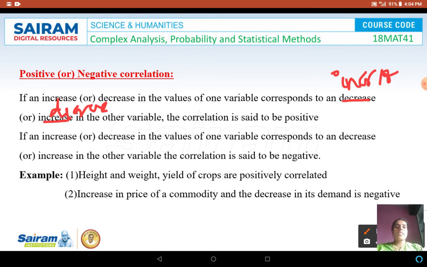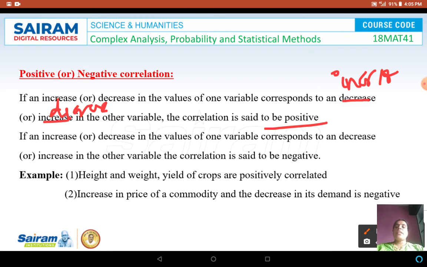Similarly, a decrease in one variable leads to a decrease in the other variable. So if both the variables move in the same direction, either increasing or decreasing, then such a correlation is called positive correlation.